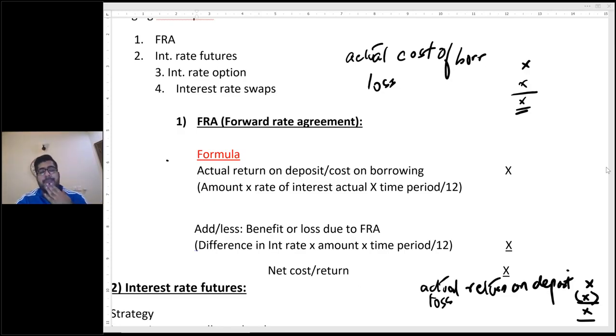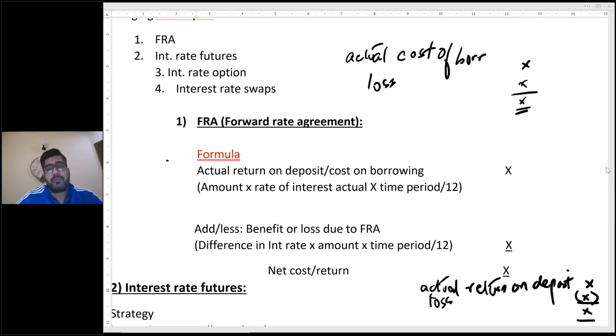So benefit can be added as well as deducted. Similarly, about loss. Let's suppose you got a borrowing case. You will firstly write actual cost of borrowing, and then you found you incurred loss due to FRA. What to do with the loss? Add or less? It can be both.